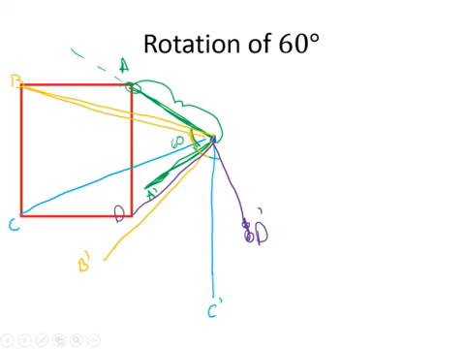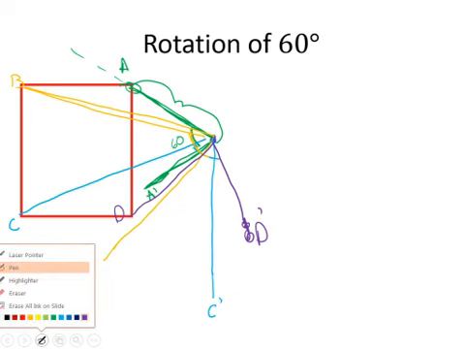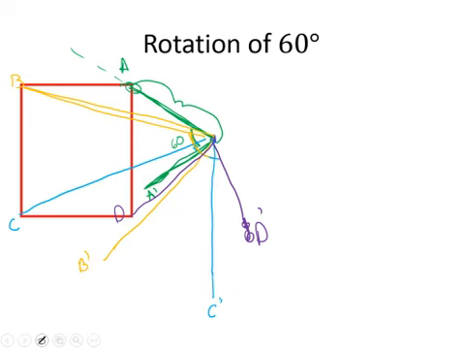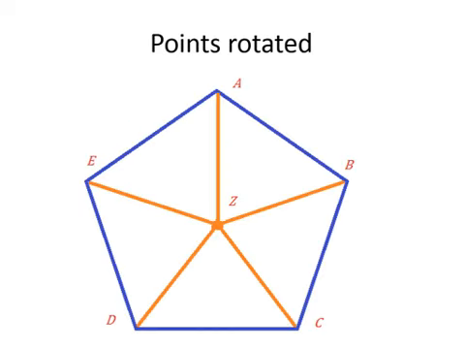Now that we have all our points, we connect them, and we have our image rotated about 60 degrees. Again, this is a very rough sketch. It's not perfect, but it's close enough. So you measure the length from one point to the point of rotation, draw a 60-degree angle of the rotation, draw that same length, and that's your new point. And you do it for all the points.